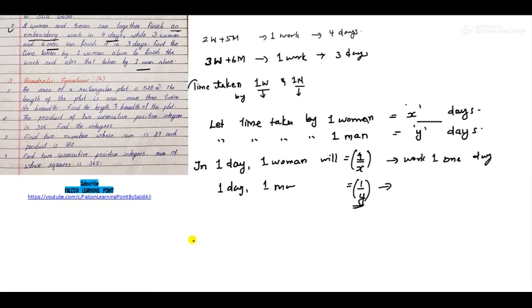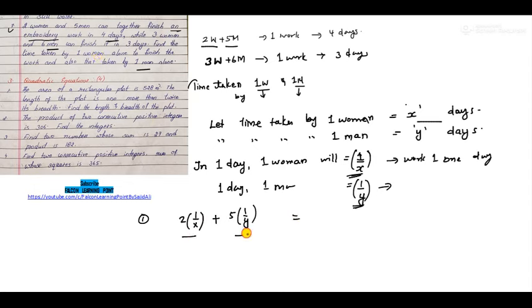Now here they have given in the first case two women. This is for one woman, so for two women we have to multiply 1 by x by 2, got it? And 5 men, so 5 into 1 by y. They are working together, which means added, to complete the work.